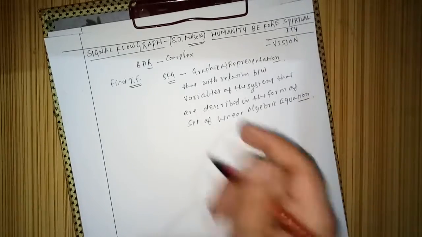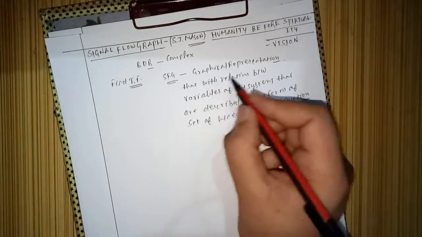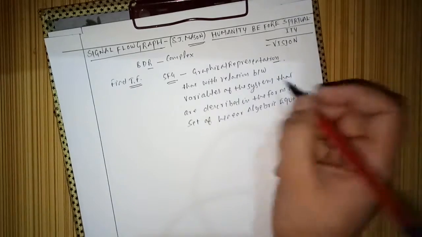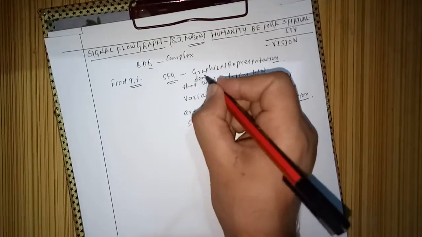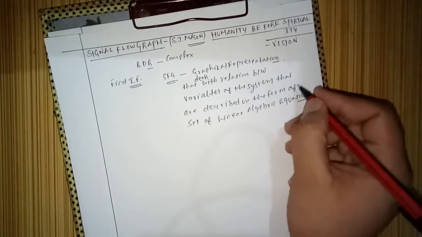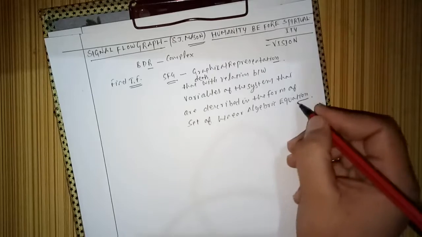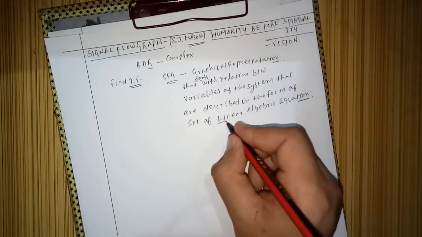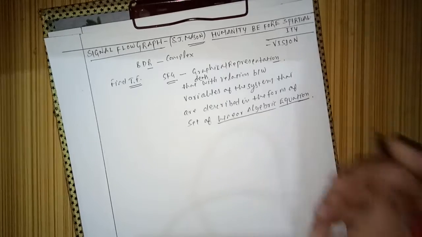That is the basic definition of signal flow graph. This is very important: the equation must be linear.